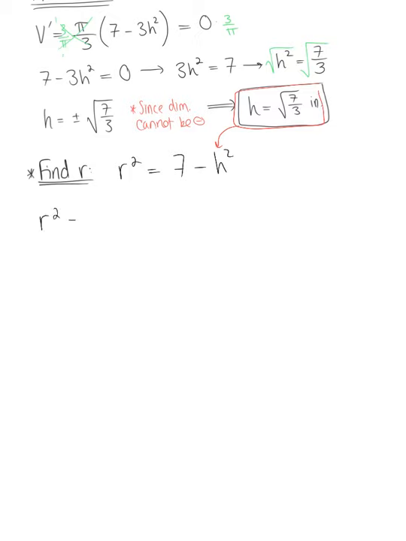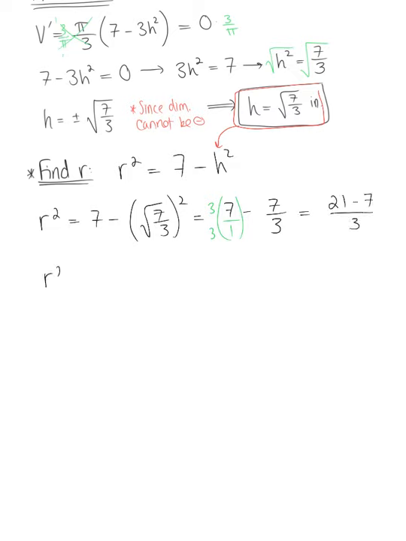The radius squared is equal to 7 minus the square root of 7/3 squared. The square and the square root cancel each other out, and we're left with 7 minus 7/3. We want a common denominator, so we think of 7 as 7 over 1 and multiply the numerator and denominator by 3. So we have 21 minus 7 over 3, and our radius squared is equal to 16 divided by 3.